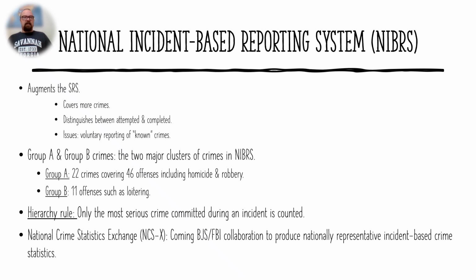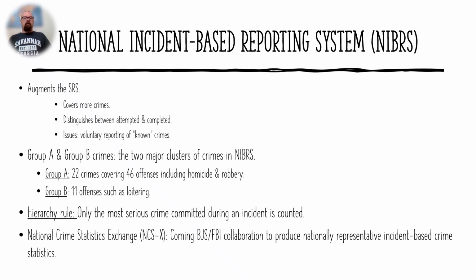The National Incident-Based Reporting System covers more crime than the SRS. And it distinguishes between attempted crime and completed crime. That is a very important distinction that we find with the NIBRS.